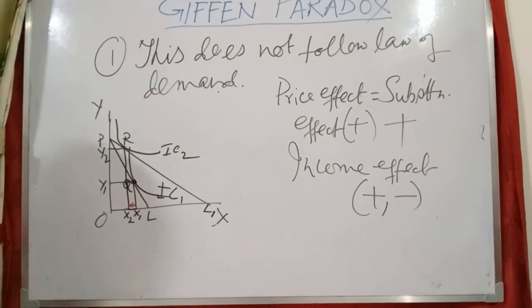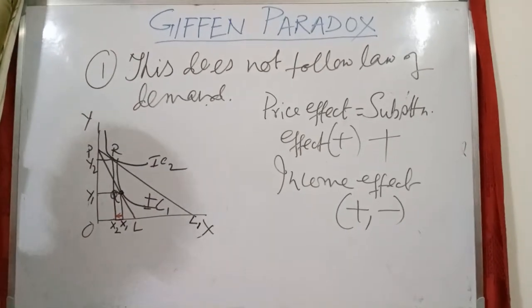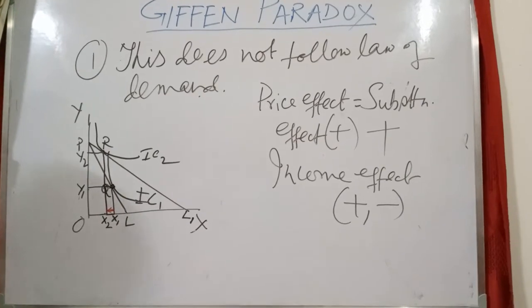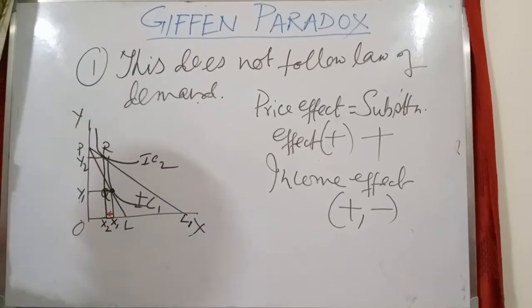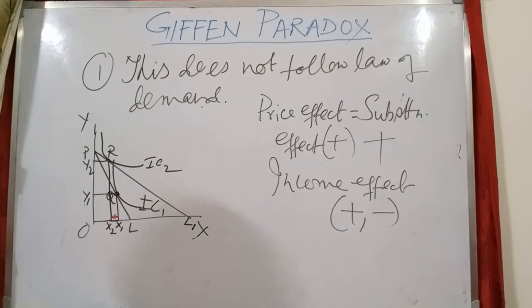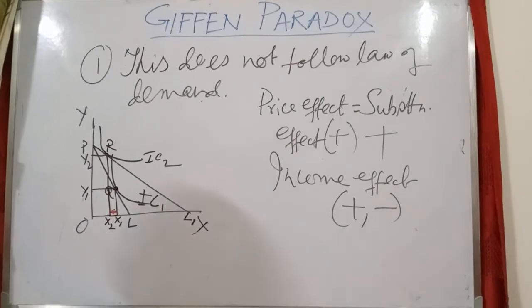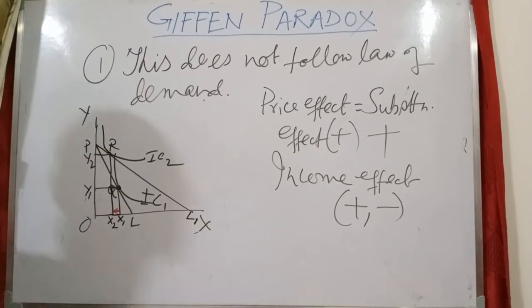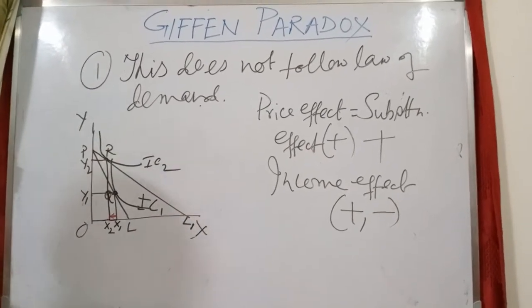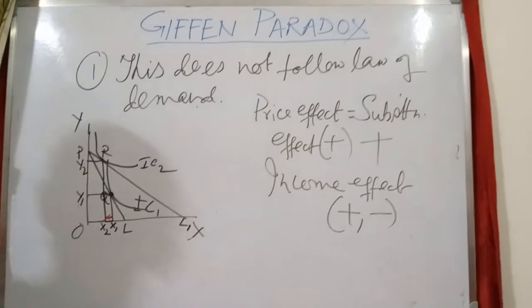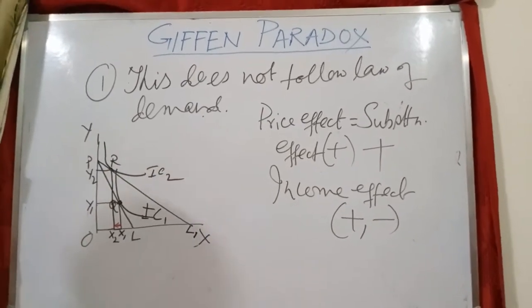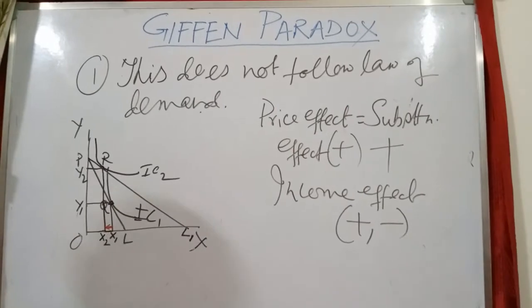This happens in the case of only Giffen goods. Now here we have considered only the effect of change in the price of the Giffen good; the price of the other commodity and income of the consumer remain unchanged.